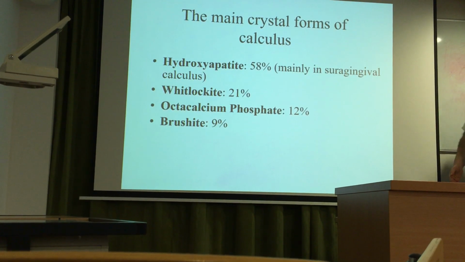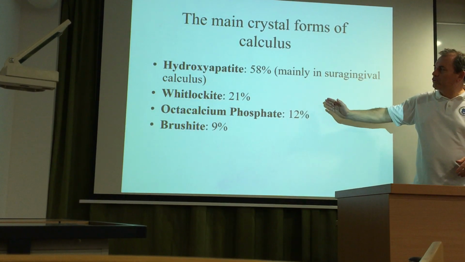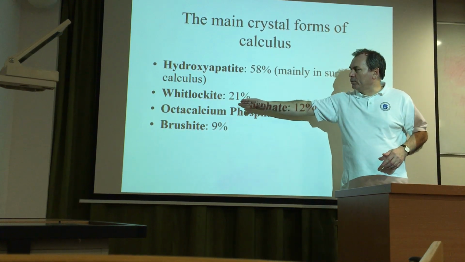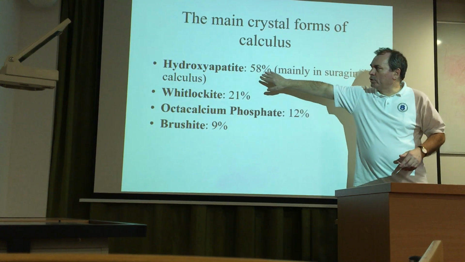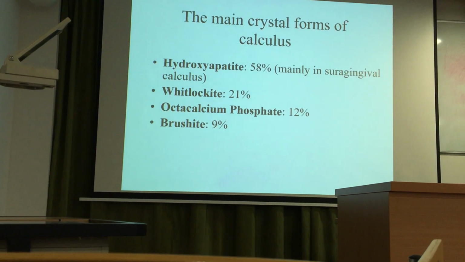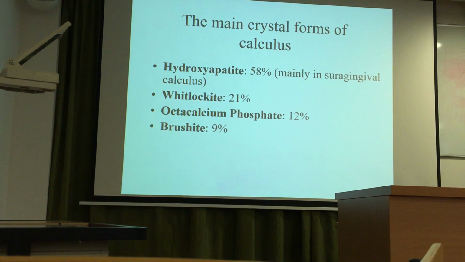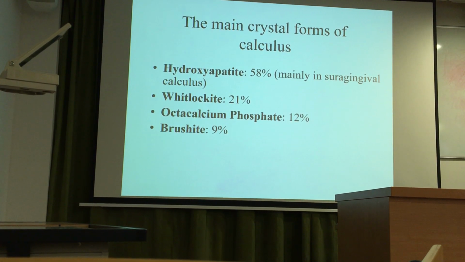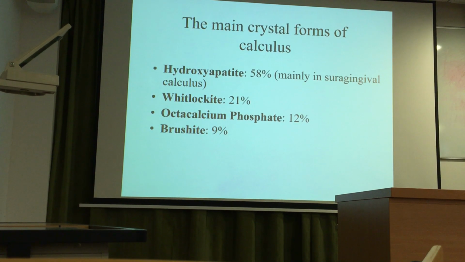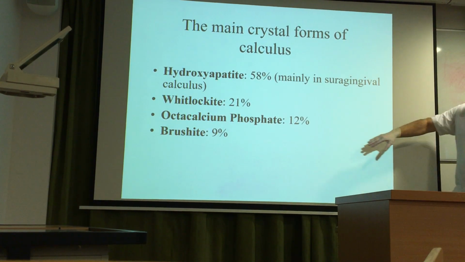The main crystal forms in the calculus are hydroxyapatite, dicalcium phosphate dihydrate, octacalcium phosphate, and brushite. Hydroxyapatite is the most matured and best form of calcification, but first less organized and less crystallized forms of the crystals are producing brushite, for example.